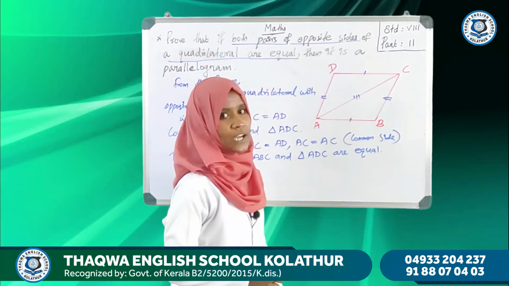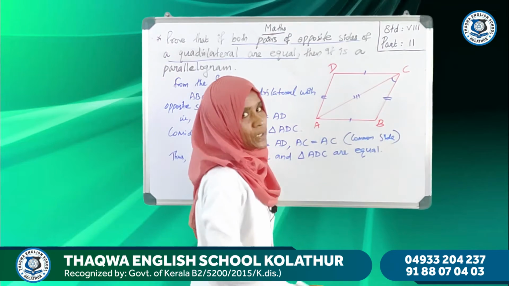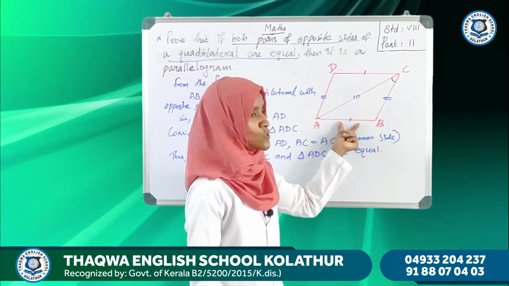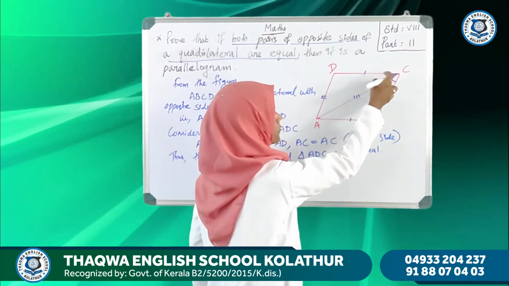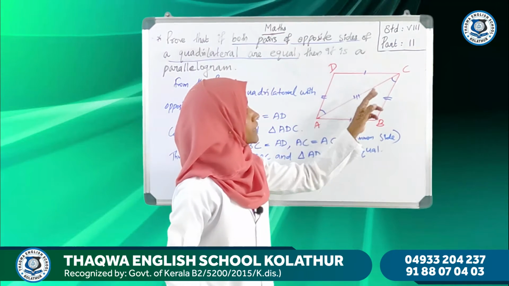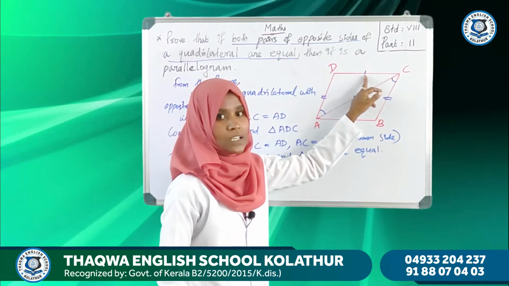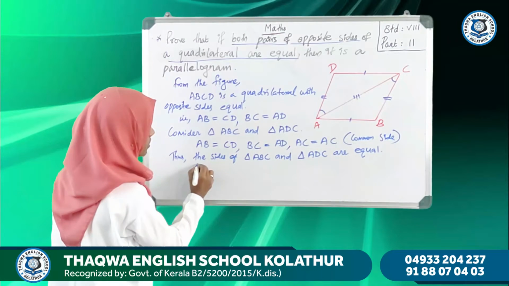Now let us find out the angles. First, angle ACB is opposite to the side AB. Then next, angle CAD is opposite to the side CD.